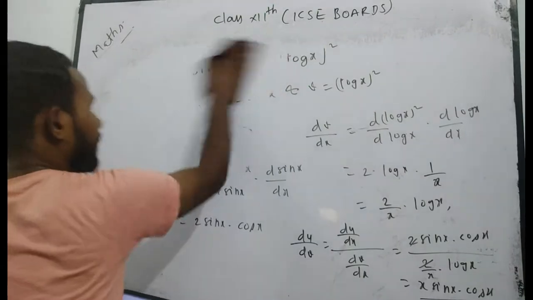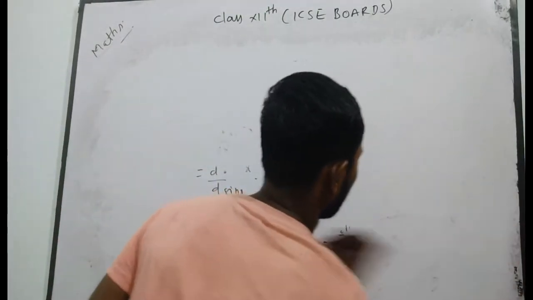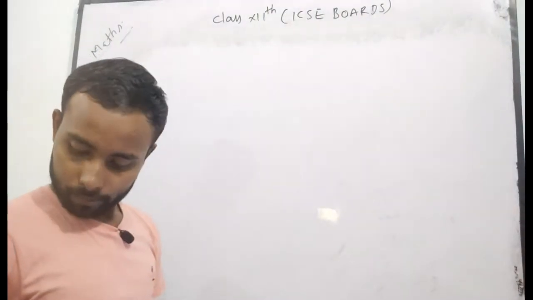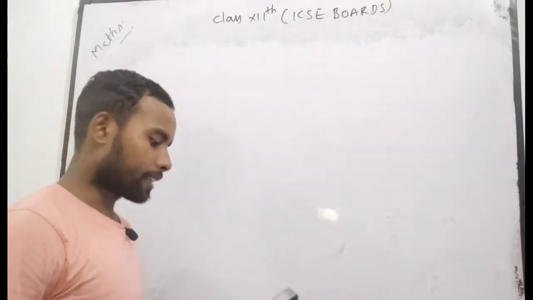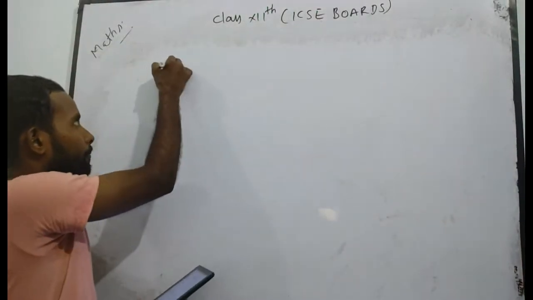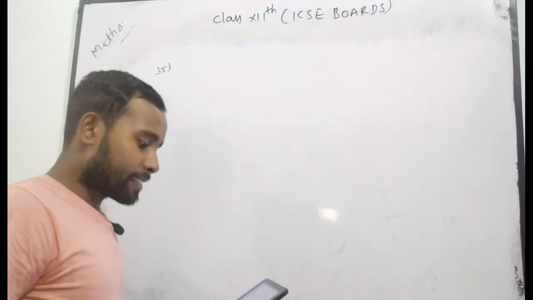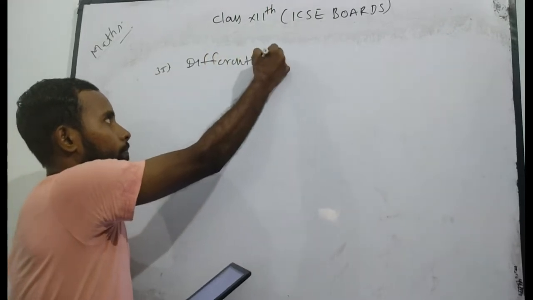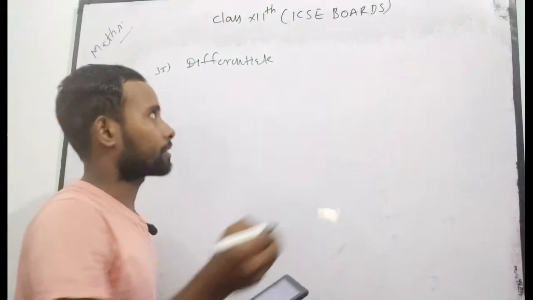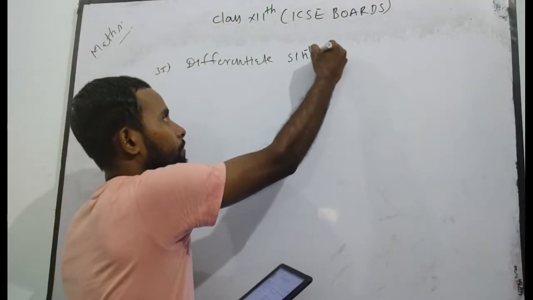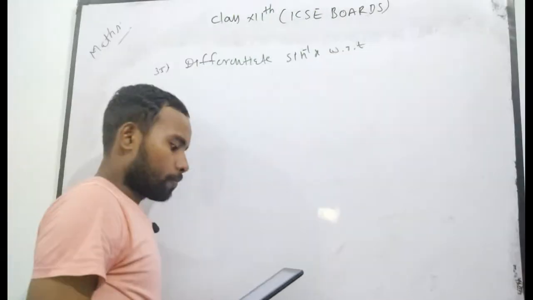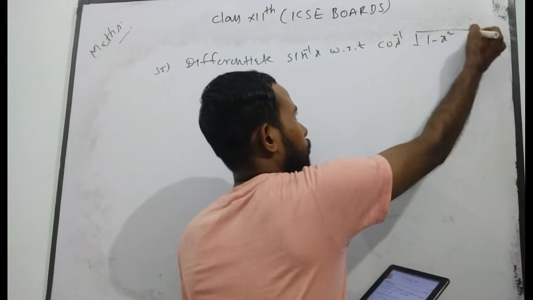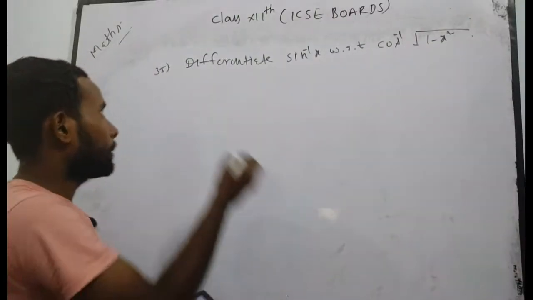Question 35: differentiate sin inverse x with respect to cos inverse under root 1 minus x square. You have to find it. How can you solve? It is also very easy.